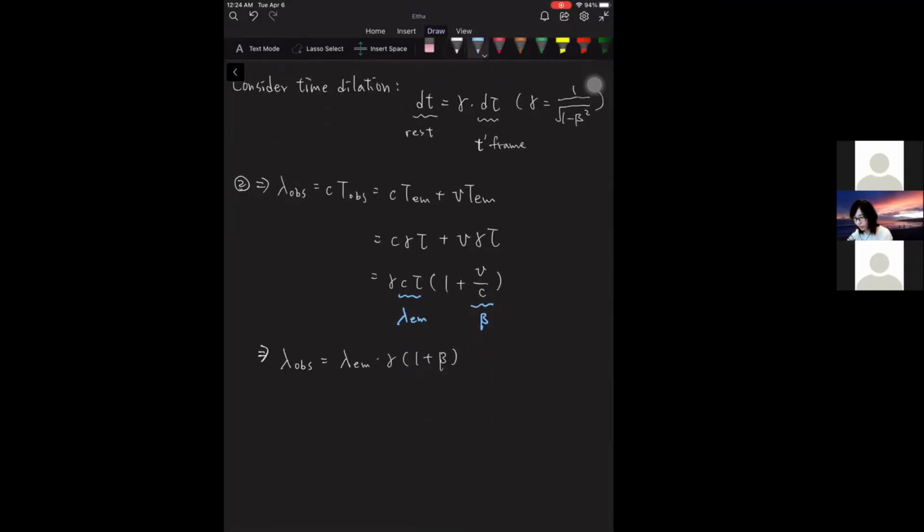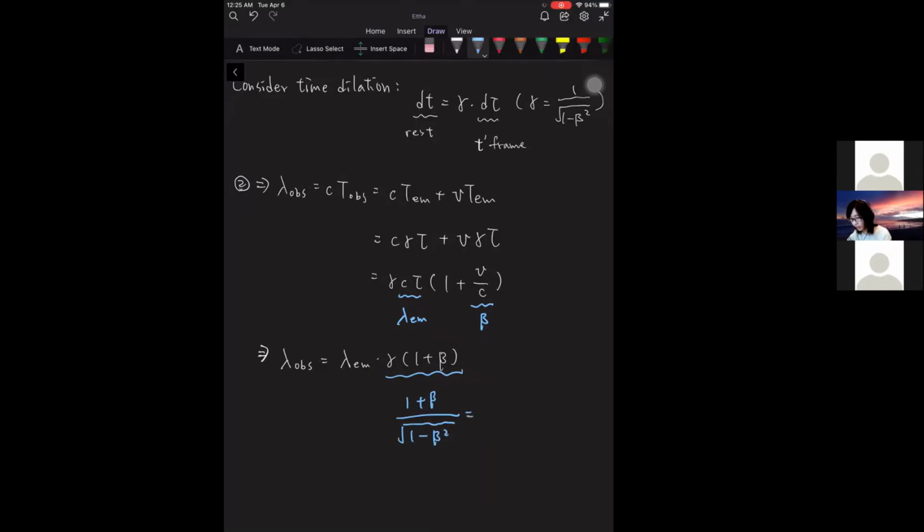And gamma times 1 plus beta is simply 1 plus beta divided by the square root of 1 minus beta squared.